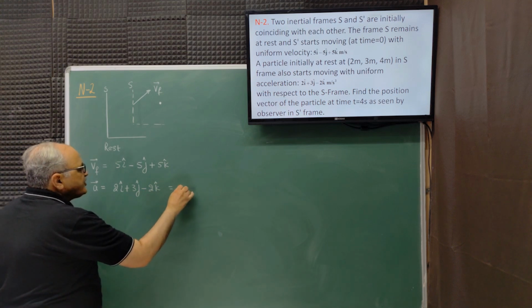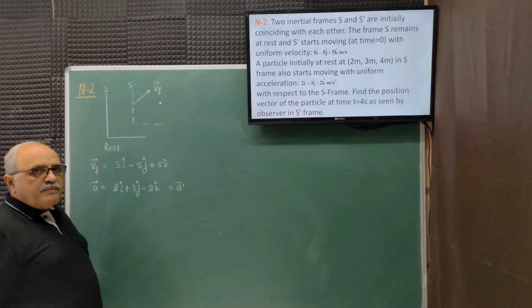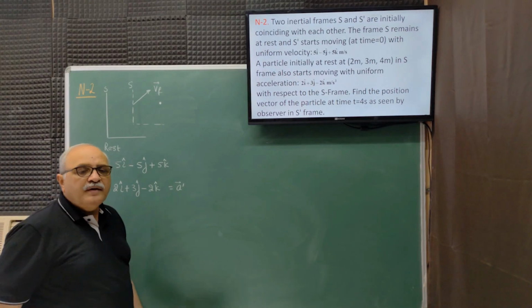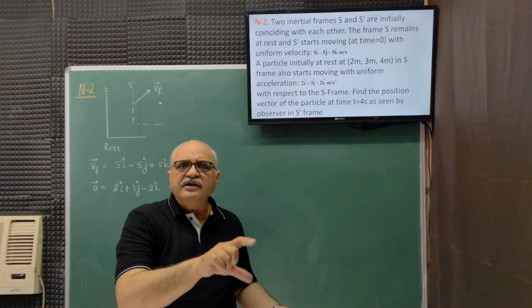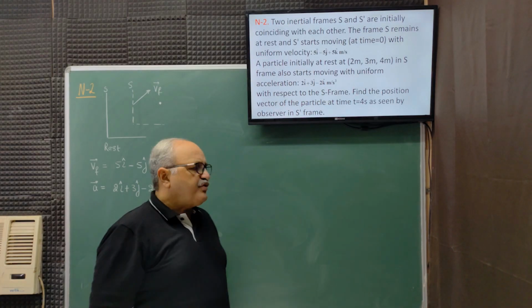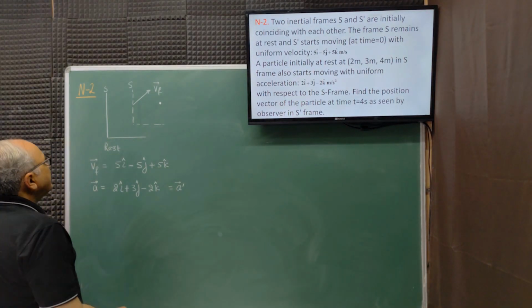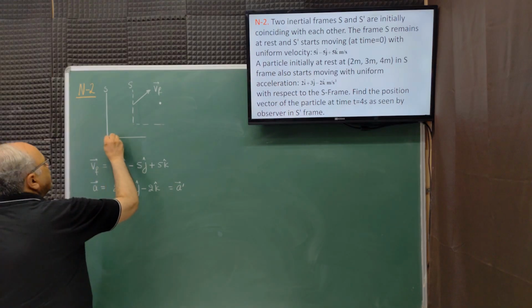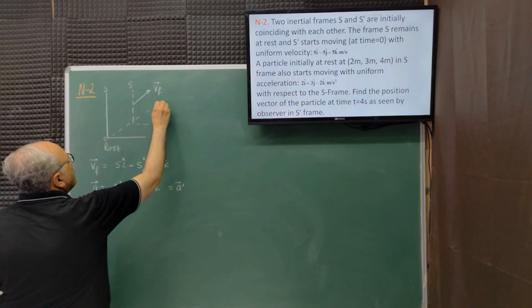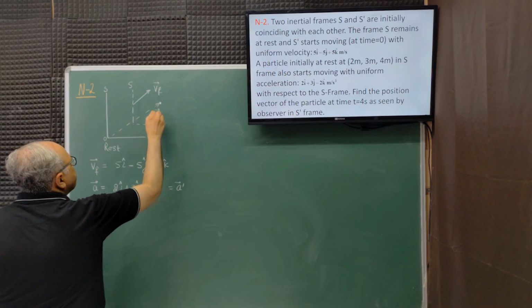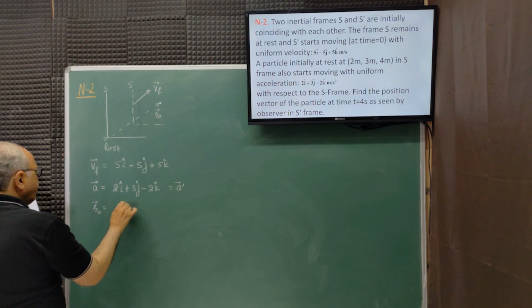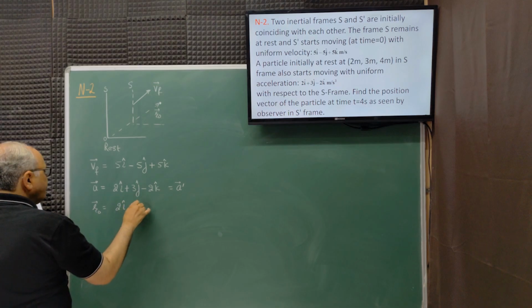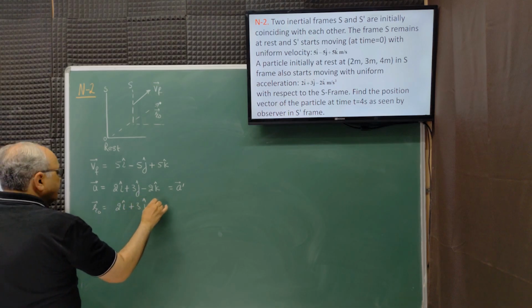Remember, since acceleration remains invariant in the Galilean transformation equation, the acceleration in the S frame is exactly equal to the acceleration in the S dash frame. But the initial position of the particle as observed by the observer O, this R0 vector, is given as 2i cap plus 3j cap plus 4k cap.